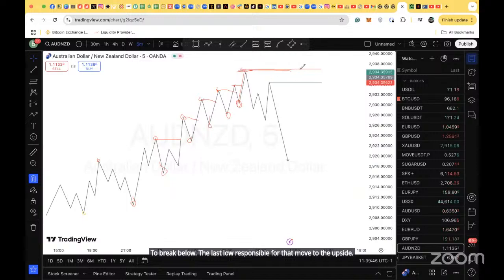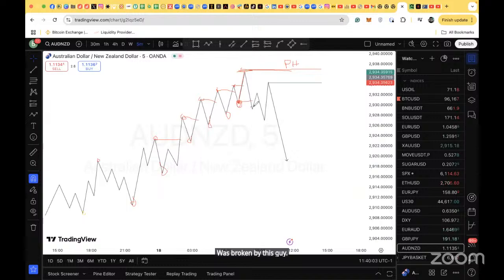This upside becomes our protected high. The place that was responsible for creation of that protected high was broken by this guy here. The pullback that was formed was not a good pullback.